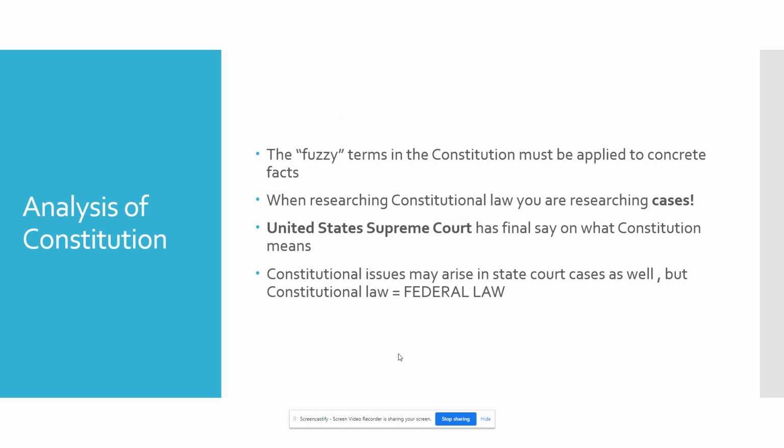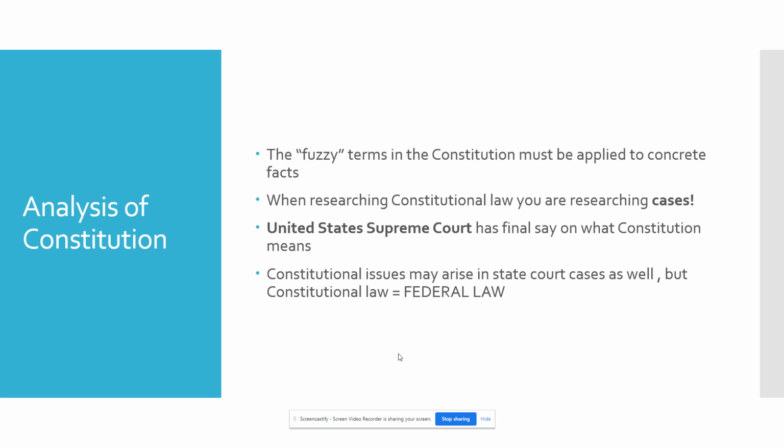Okay, so our fuzzy terms, we have to apply them to concrete facts. Does this criminal law violate the cruel and unusual punishment ban? What are the concrete facts that we're applying here? So we're always researching cases when we're doing constitutional law.